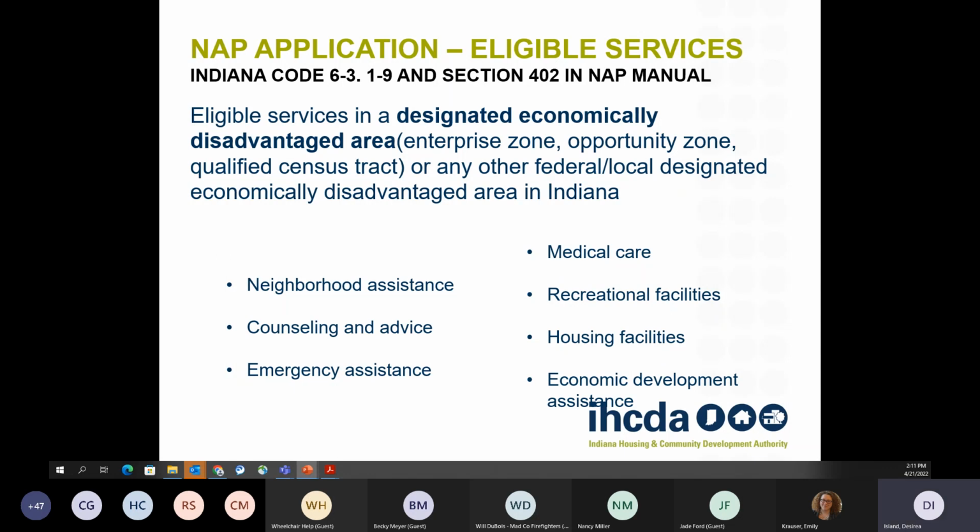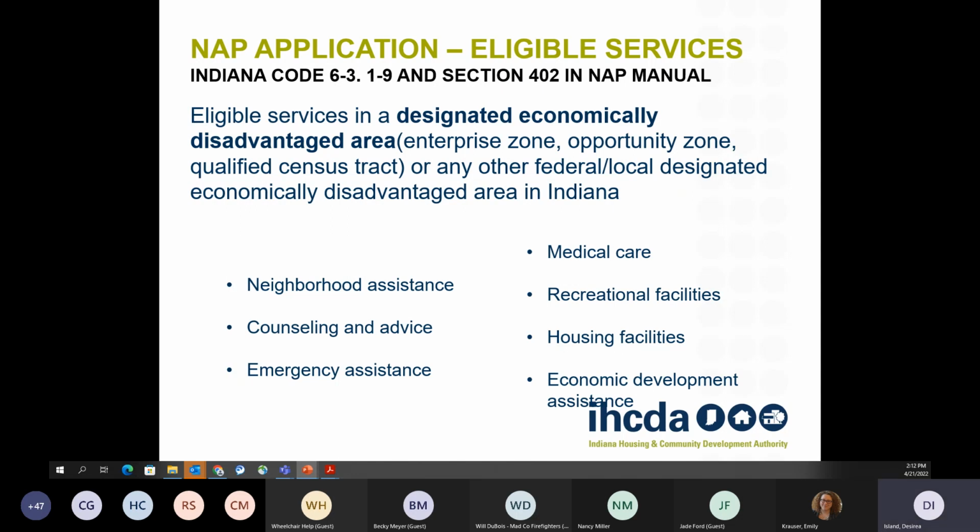If an organization, say, applies for housing facilities and later in the program year needs to change your goal, please notify IHCDA and give us your reasons for needing to change the new use of funds.